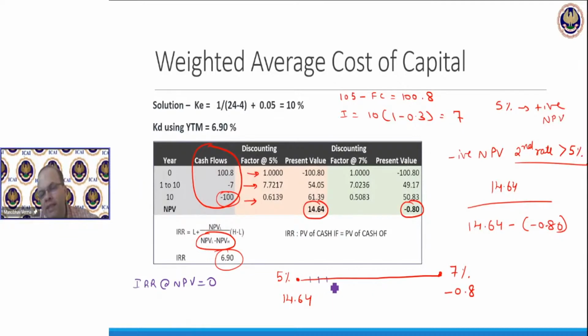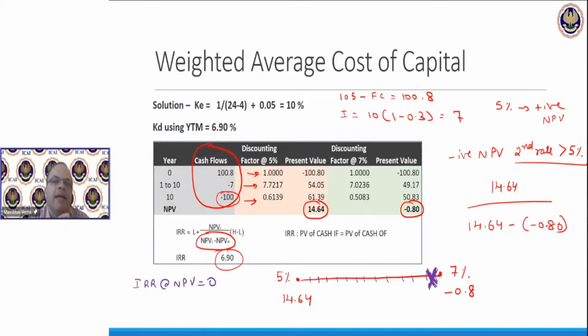Even if we divide this line into various sequential numbers, we very well know that we are just around the corner of 7% because we are getting a minus 0.8, which is as good as 0, almost there. So it's slightly lesser than 7 rather than more than 5. It is slightly lesser than 7 because it is almost 0 at that end.